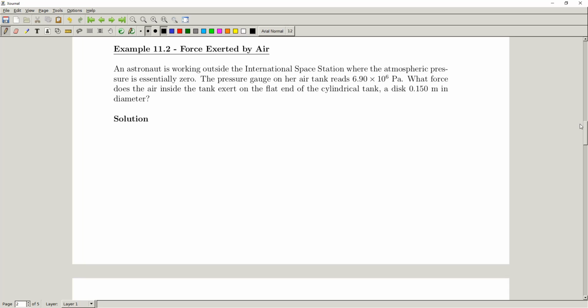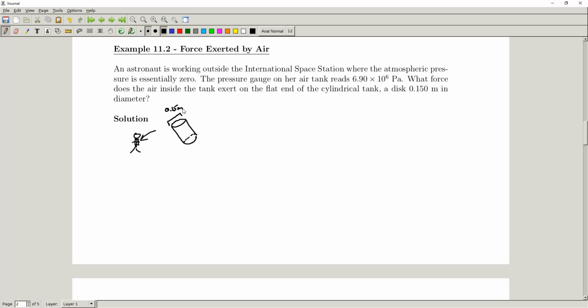Okay, so the cylindrical tank has a diameter. So we're imagining somebody in space, right? And they have an air tank on their back. If we look at the air tank, let's say it's a cylinder, looks something like this. This is sort of a blown-up image of it, right? And we're told that the diameter of our cylinder, so this distance in here, is going to be 0.15 meters, okay?